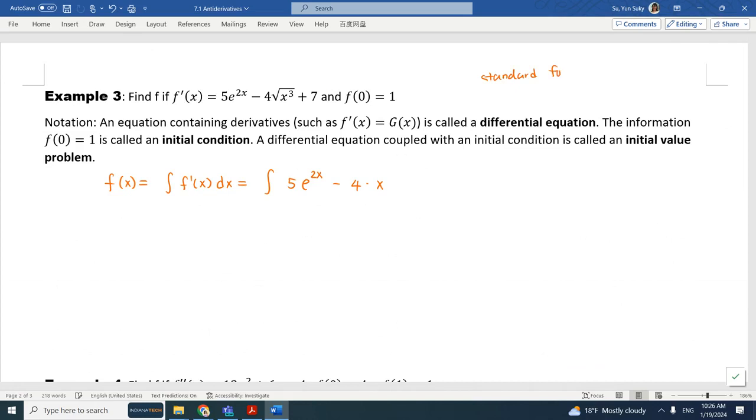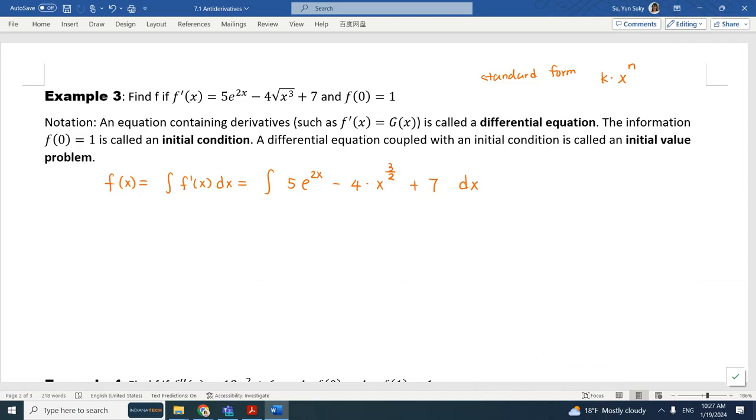I want to have something times x to the n. This is the standard form. What power is this? 3 over 2, yes, right, everybody? Good. And then plus 7 dx.